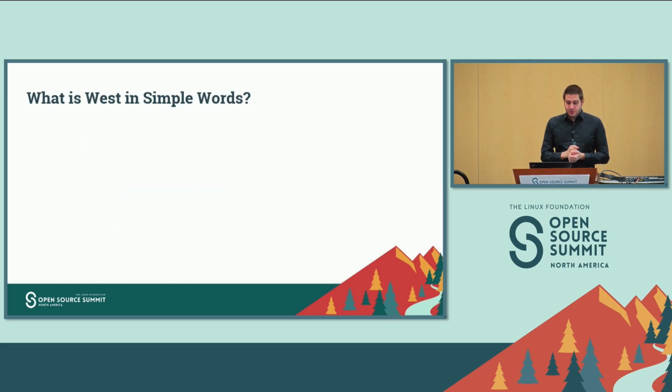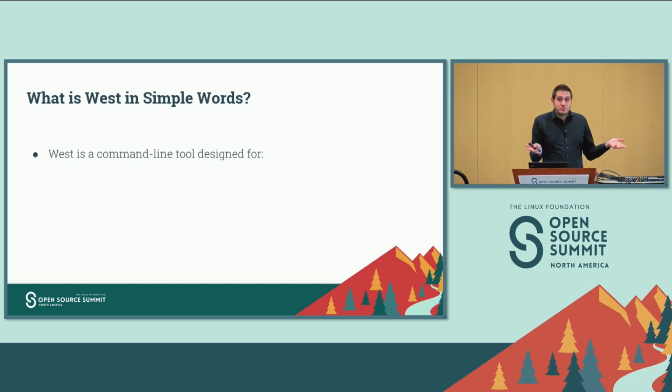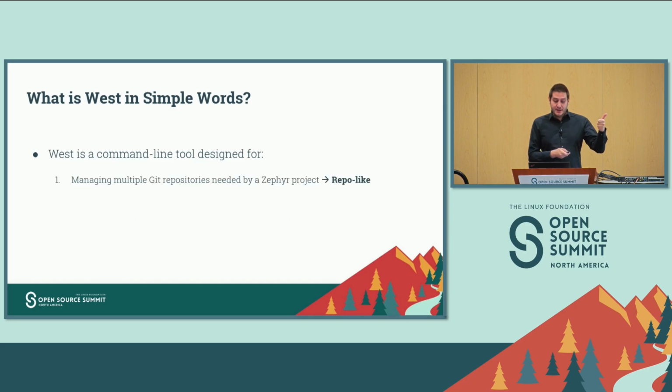So the question would be, what is west in simple words? West is actually a command line tool. If we want to give a definition in simple words, it is a command line tool that is designed for, firstly, managing the different repositories. So it is repo-like, but more advanced.